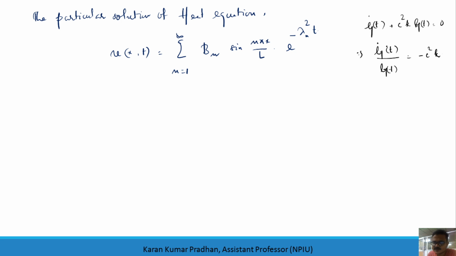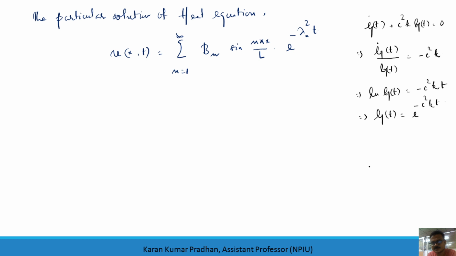If I integrate with respect to t, I'll get ln of g equals minus c squared k t. So g, which is a function of t, is e to the power minus c squared k t.